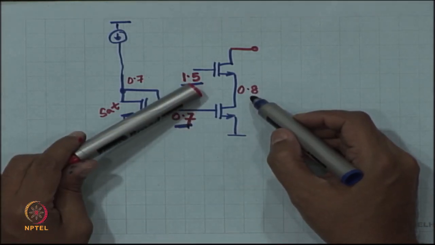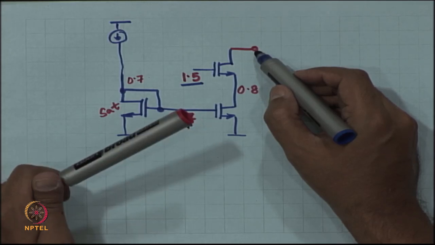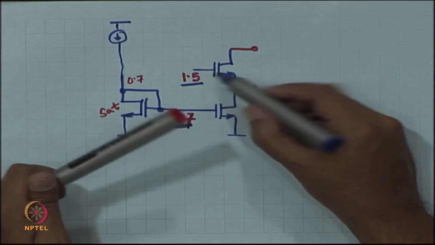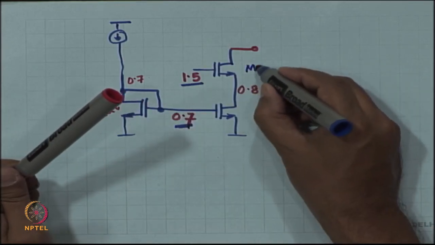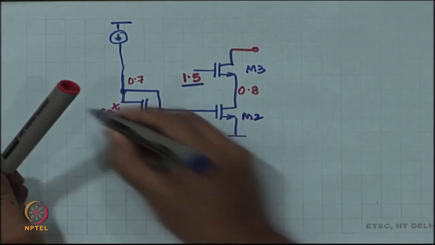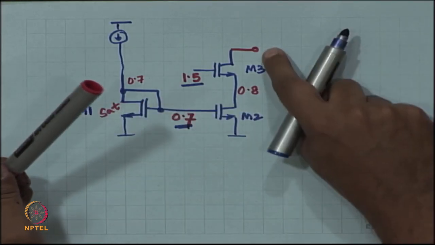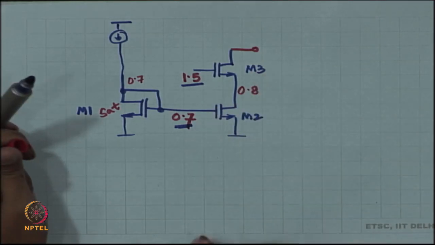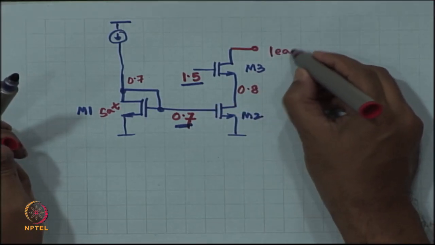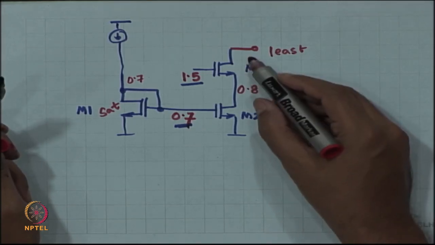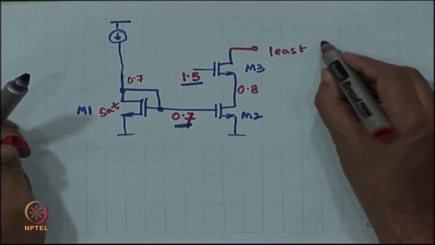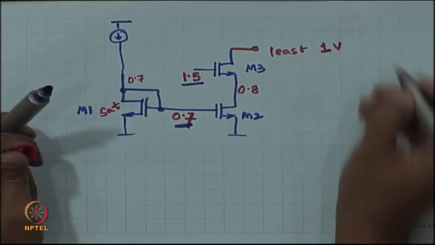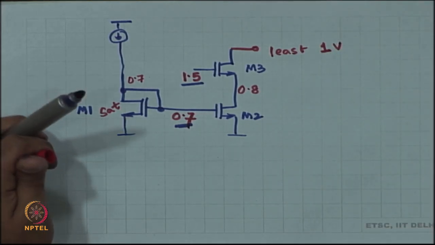Okay. Now, if I drop the voltage over here, how low can I drop? To maintain M3 in saturation, what is the least voltage at the drain of M3? How much? 1 volt is the least.